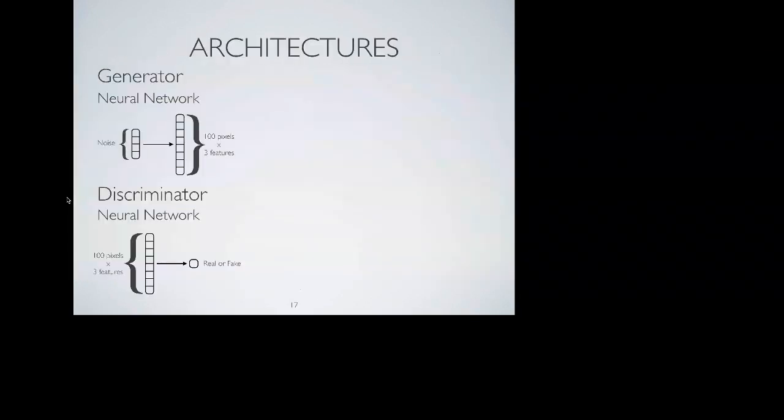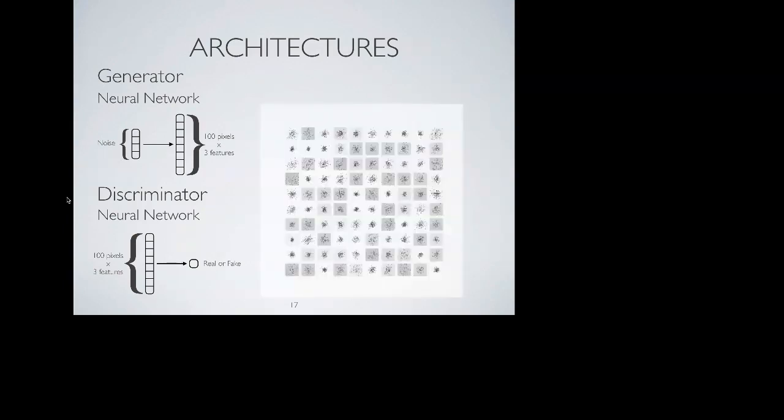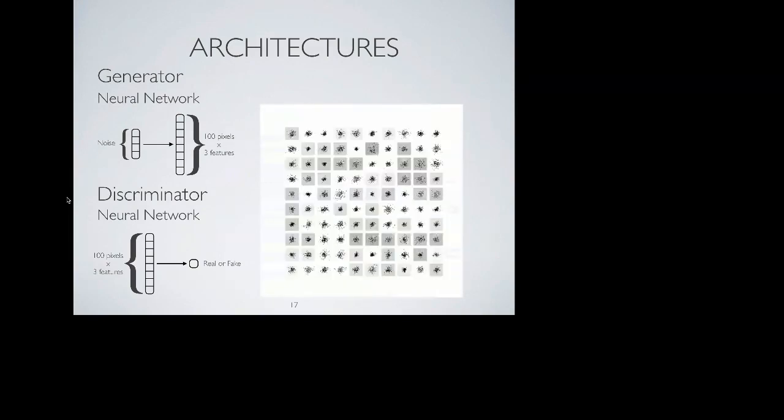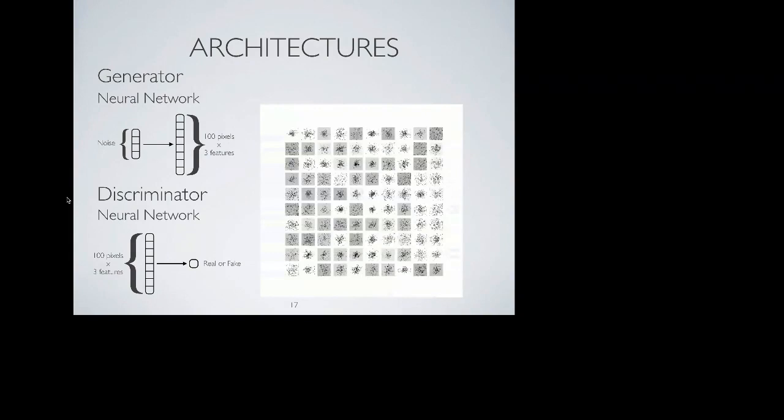First, I just used regular neural networks as a baseline, where the generator of this GAN just takes a noise vector as its input and produces the 3 features for each of the 100 pixels as a vector, and the discriminator takes that and tries to evaluate how realistic it is. Here you can see some sample outputs of the generator as it's being trained over time, and they're all just noise.